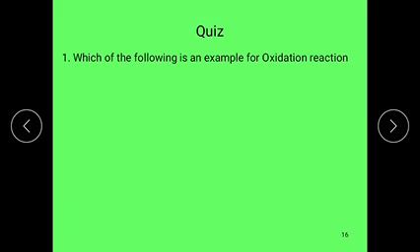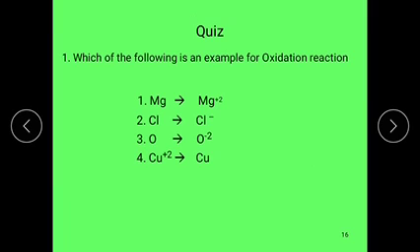Which of the following is an example of an oxidation reaction? Mg gives rise to Mg plus 2, Cl gives rise to Cl minus, O gives rise to O minus 2, copper plus 2 gives rise to copper.